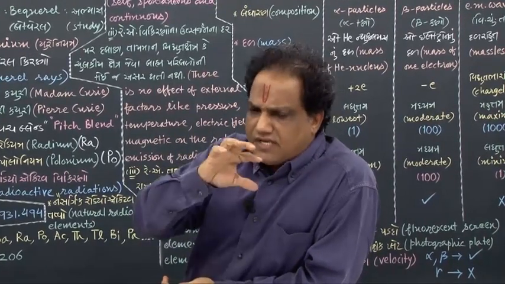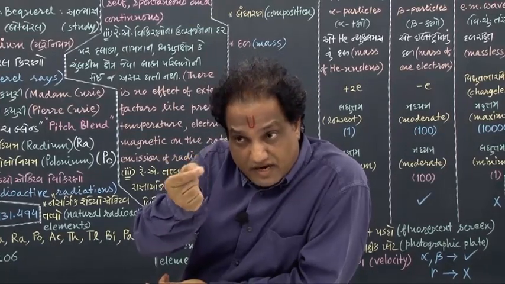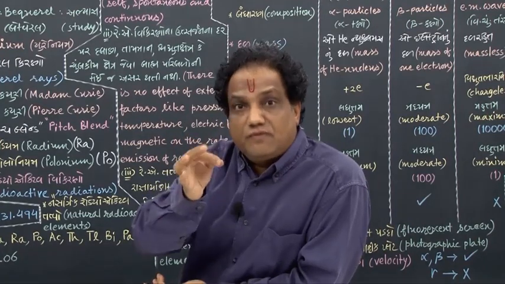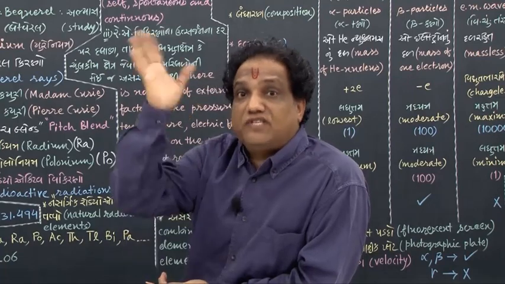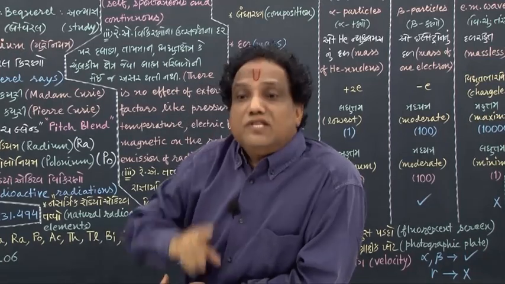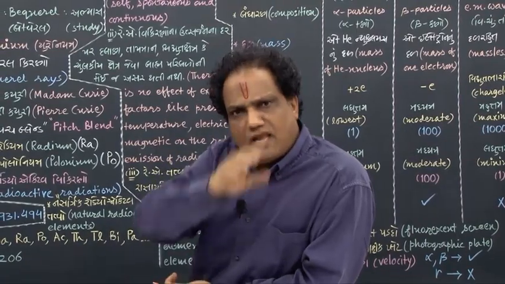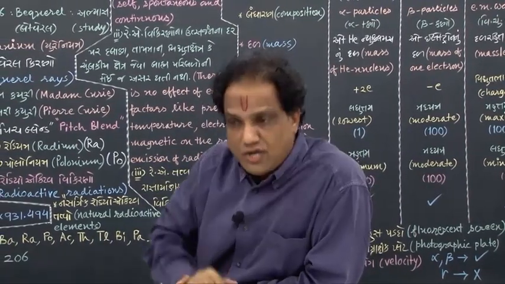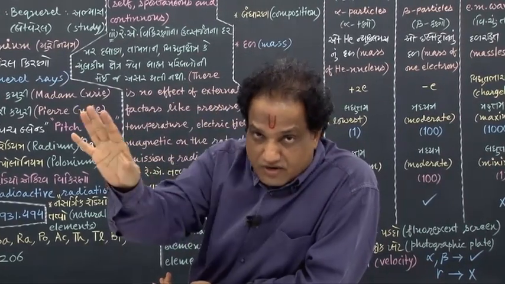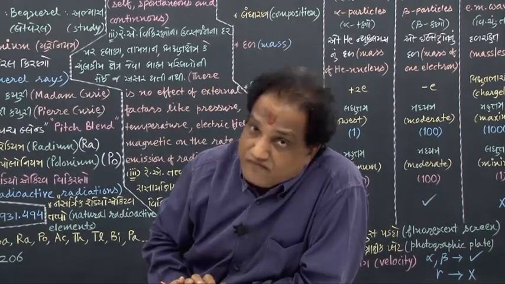And at that time, accidentally, he came to know that a heavy element like uranium just emits invisible powerful radiations having some specific properties. This very property is known as natural radioactivity, and any element having this property is called a natural radioactive element. The property is called natural radioactivity, and the element itself is called a natural radioactive element. Fine.